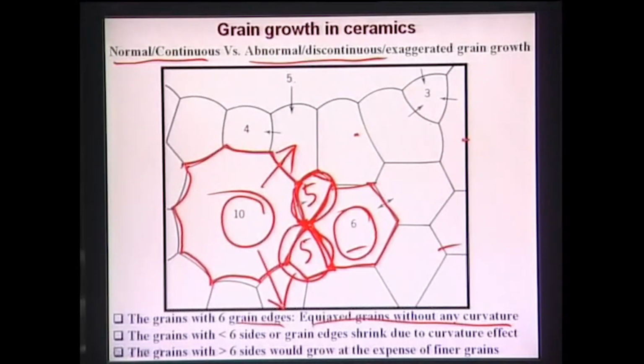Okay, it is just like in a society where rich people live and poor people live. So rich people's property will only increase at the expense of the poor people. Similarly, the grains which have a grain edge number more than 6 will grow at the expense of consuming the smaller sized grains which have fewer than 6 grain edges.